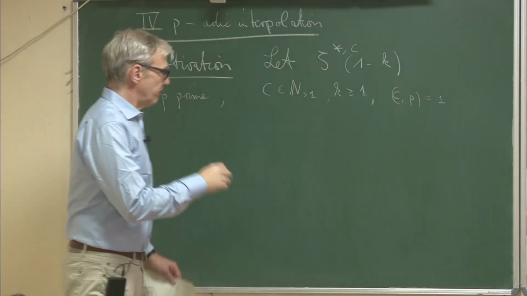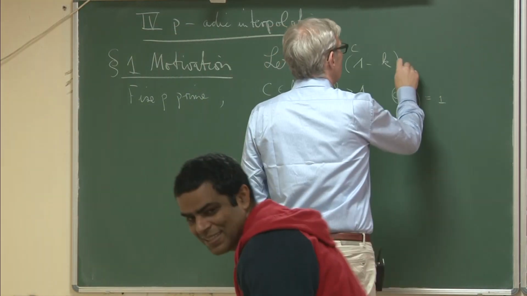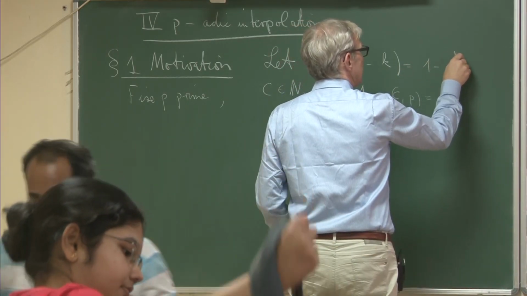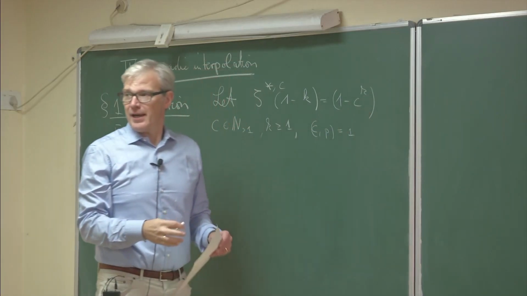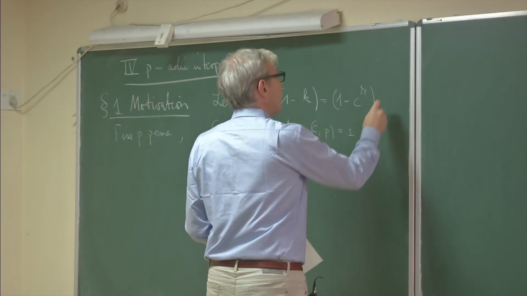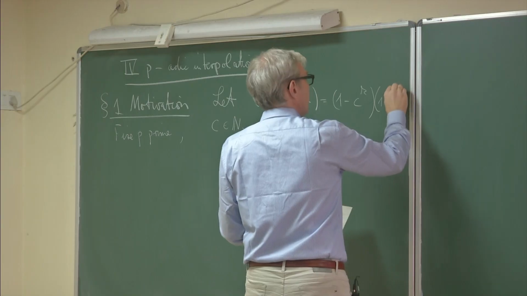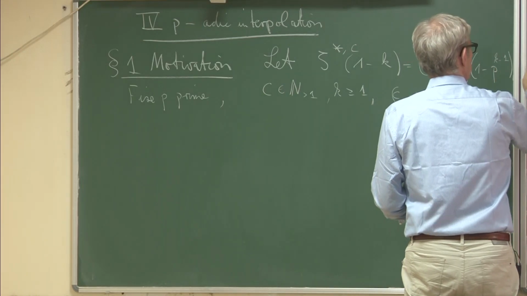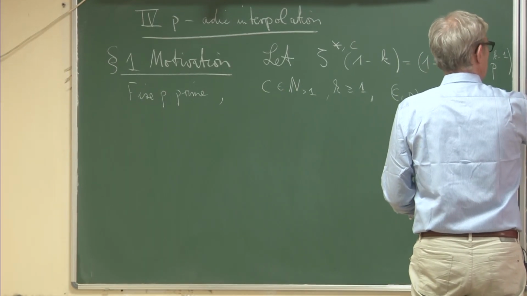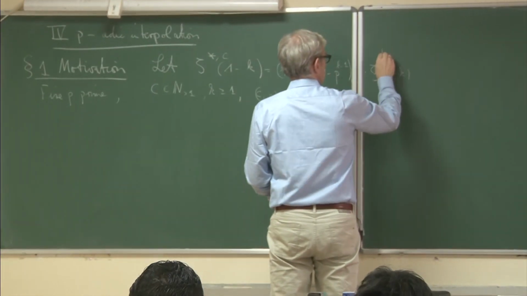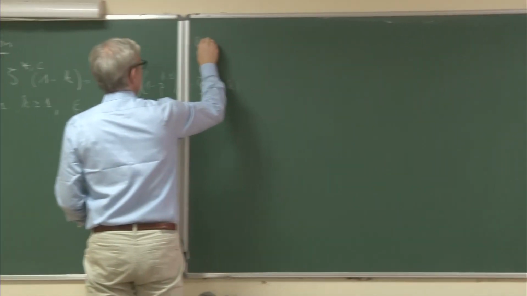And then we modify the value as follows. We take 1 minus C to the k times 1 minus p to the k minus 1, and then times the value of the Riemann zeta function.